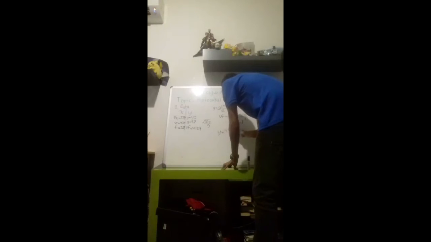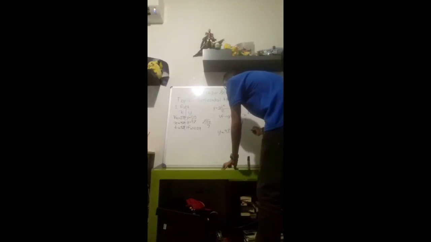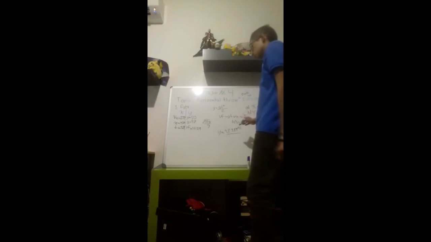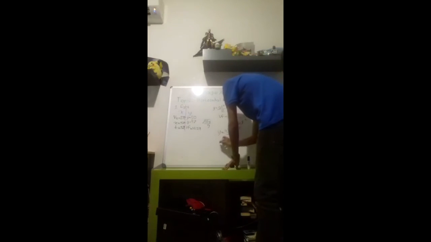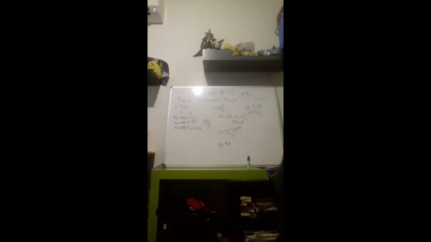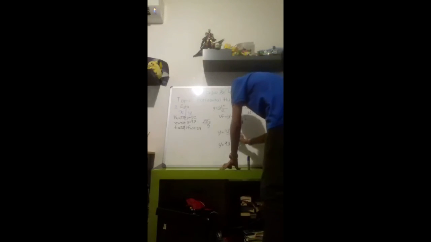The gravity is 9.8, the time is raised to the second power, so it's 3.19 raised to the second power, and all of this is divided by 2, and this is equal to 247 meters.